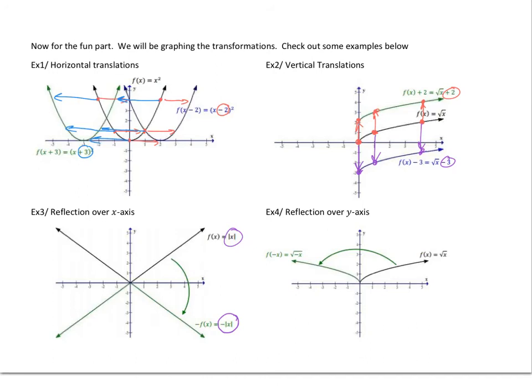And similarly, you can see that this graph with the square root function, notice that negative is on the inside, and that's why the graph goes from pointing to the right to pointing to the left. It gets reflected over the y-axis.